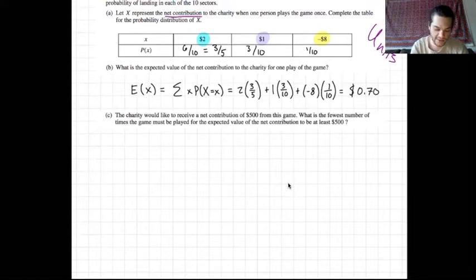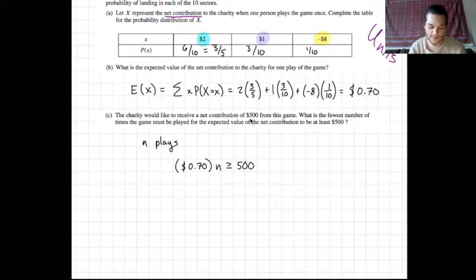So if we have n plays, then we want n times our expected value for one play to be over 500. So it's 70 cents for each play. There's n plays. We want that to exceed $500. So we will divide to find n. If it is a net contribution of 70 cents each time, then we want to take 500 and divide by 70 cents.